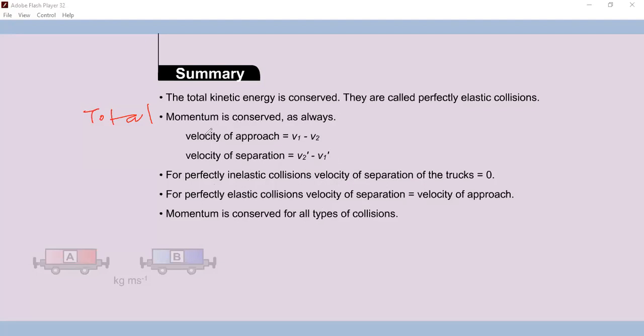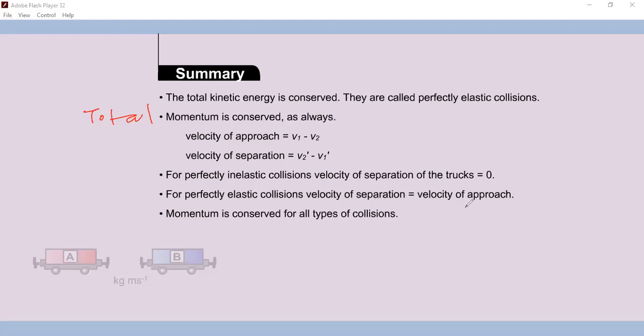So, velocity of approach and velocity of separation. No matter how we use it, the big one minus the small one, we get that the difference in the velocity before and after is always equal.